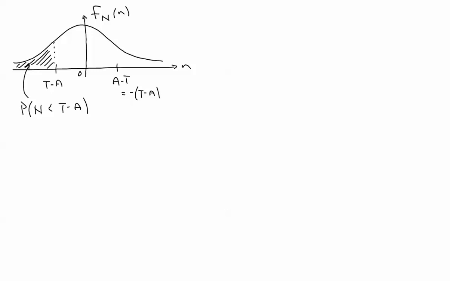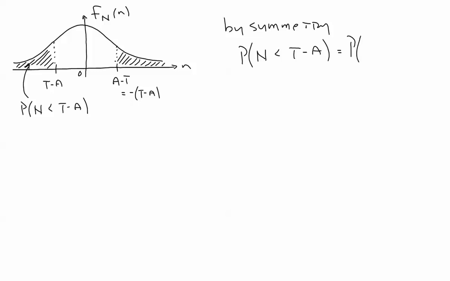By symmetry, the probability that my noise is less than T minus A equals the probability that my noise, let's make that a capital N, is greater than A minus T. All right?